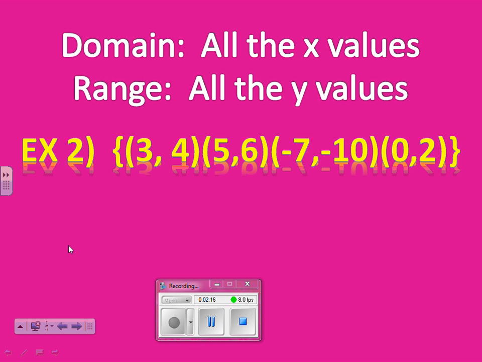Ms. Corns, I thought range was high minus low. Yeah, and it goes with mean, median, mode, range, right? So there are two types of range. They kind of do go together. What direction are your y values? Up and down. So if your range goes from this far up to this far down, we subtract them to see the difference.